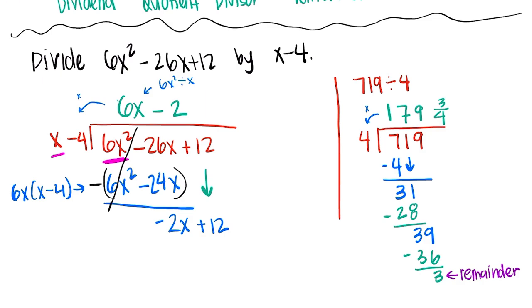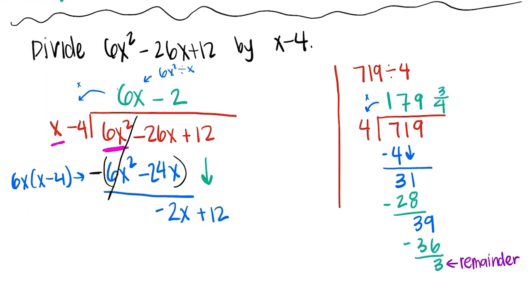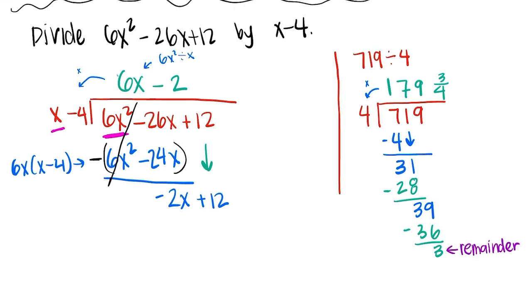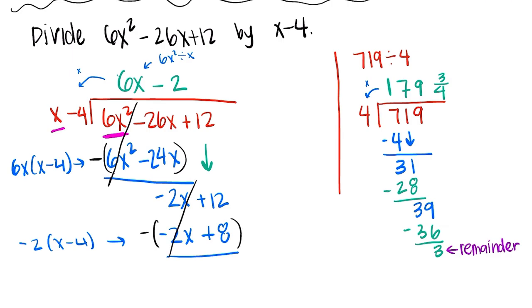And then I'll multiply like we did right here. Negative 2 times x minus 4 would be negative 2x plus 8. Subtract. Negative 2x's are gone. 12 minus 8 is 4.